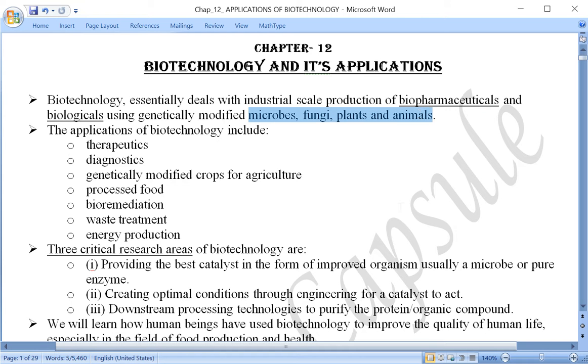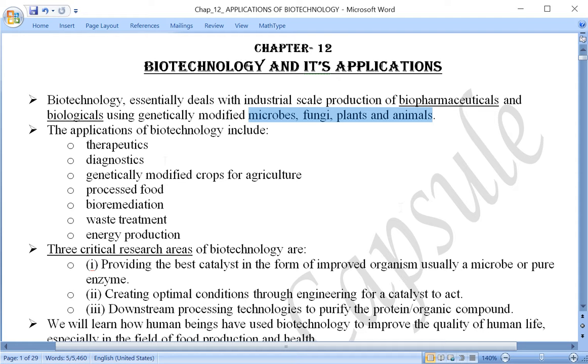The animal body, animal cells are introduced with foreign DNA in the form of an artificial recombinant DNA, so that when the gene carried by this recombinant DNA is expressed inside the animal body, the cells are able to produce it inside the body itself. As a result, whatever function it has to perform, or whatever protein it has to produce, can be produced inside the body of that particular organism itself.